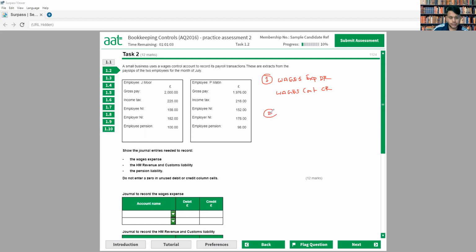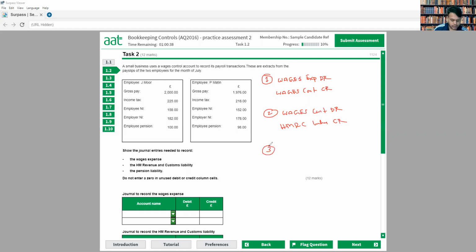Then number 2, we have the HMRC liability, and HMRC liability is a liability, it will be credit. So wages control will be debit. Wages control debit, and the HMRC liability credit.